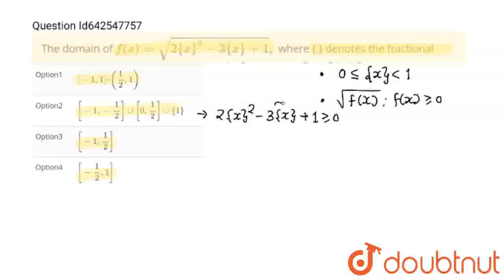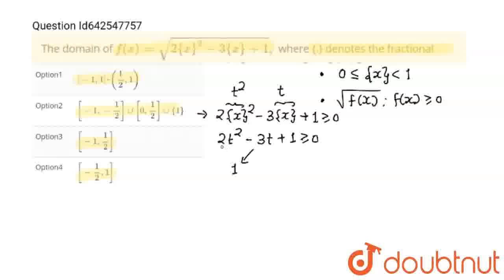And if we consider this fractional part as t, this will become t square. So this will become 2t squared minus 3t plus 1 greater than or equal to 0. Okay. Now we can factorize this by finding its root. So its first root will be 1.